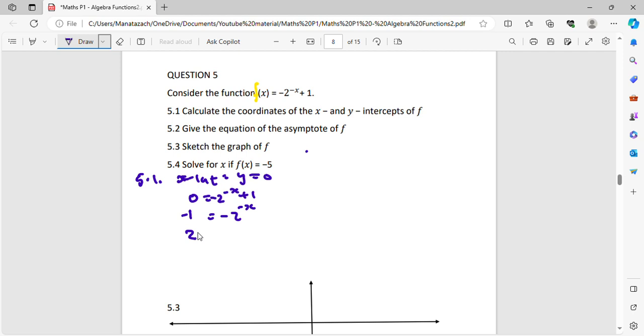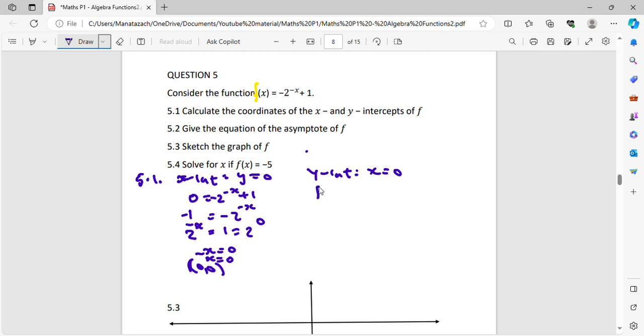basically we can rewrite this as 2 to the power minus x equals 1. You know that 1 you can also rewrite as 2 to the power 0. So basically we're going to have x is equal to 0. That means the x-intercept is (0, 0). And then for the y-intercept, x is 0.